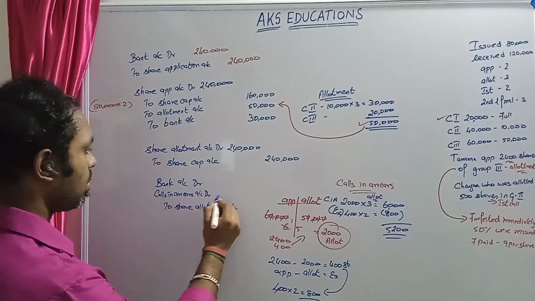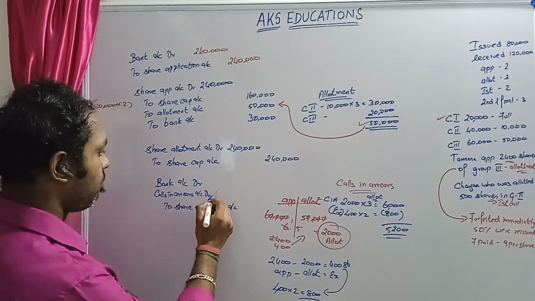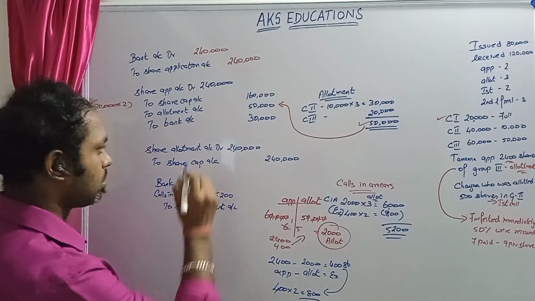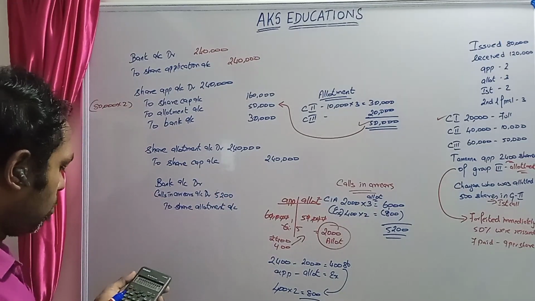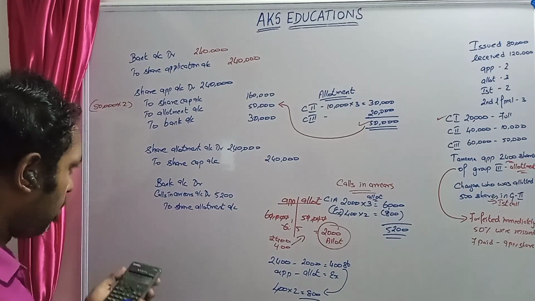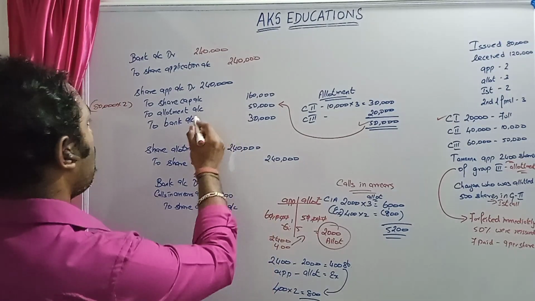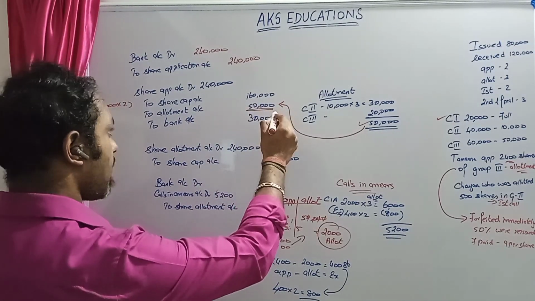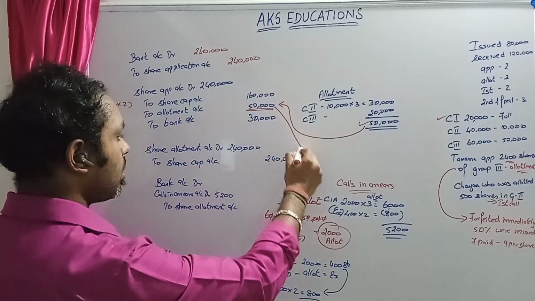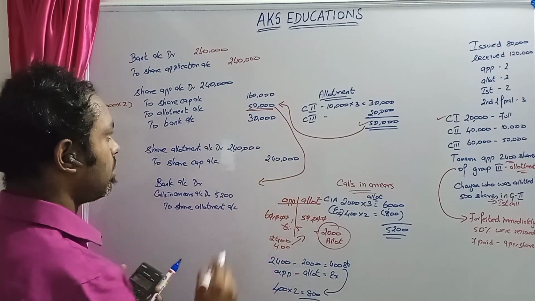So calls in arrears over here it is 5,200. So 2,40,000 minus, already one content is over here. You can see allotment is over here, which the shareholders have already paid. So I'm taking it here for the bank content.